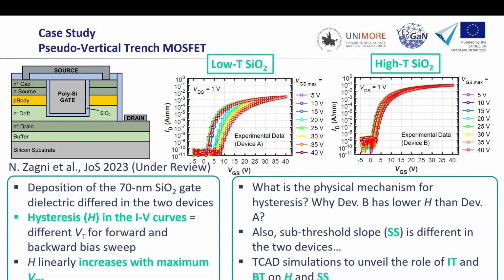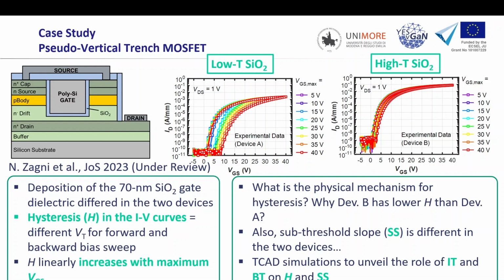You can see that there is a huge hysteresis in this case, meaning that your threshold will be higher when you perform a backward sweep of your IDVG. So basically there is some trapping happening in this device that is also proportional to the maximum applied gate voltage.